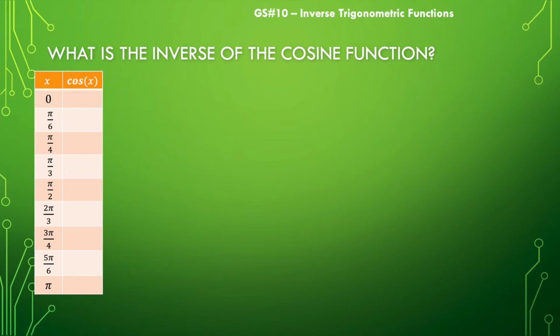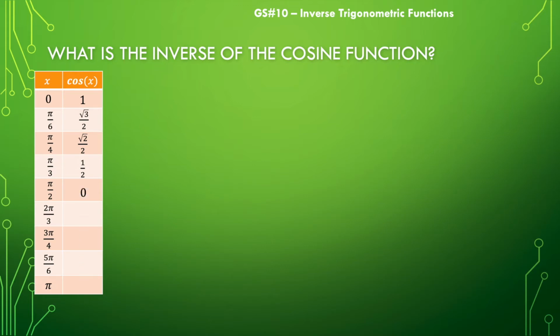For that restricted window for our input from 0 to pi, let's fill in this table. Y equals the cosine of x. What is the cosine of 0? Cosine of 0 is 1. The cosine of pi over 6 is rad 3 over 2. The cosine of pi over 4 is rad 2 over 2. The cosine of pi over 3 is 1/2. The cosine of pi over 2 is 0.